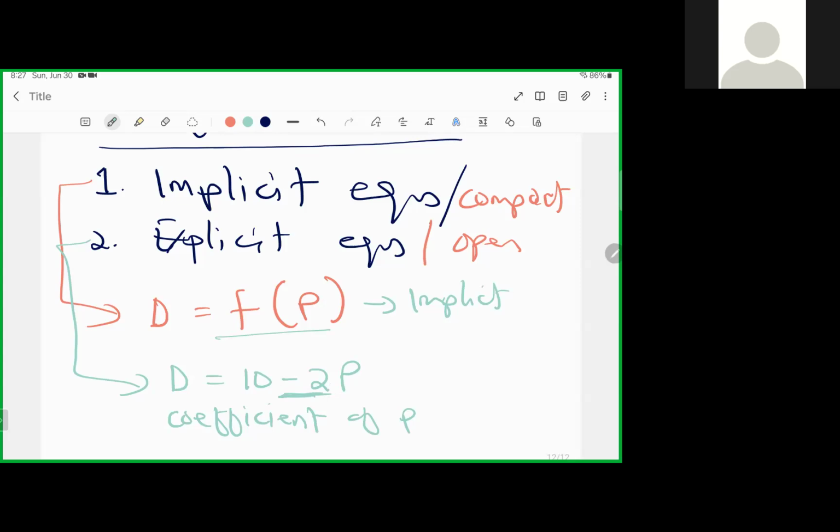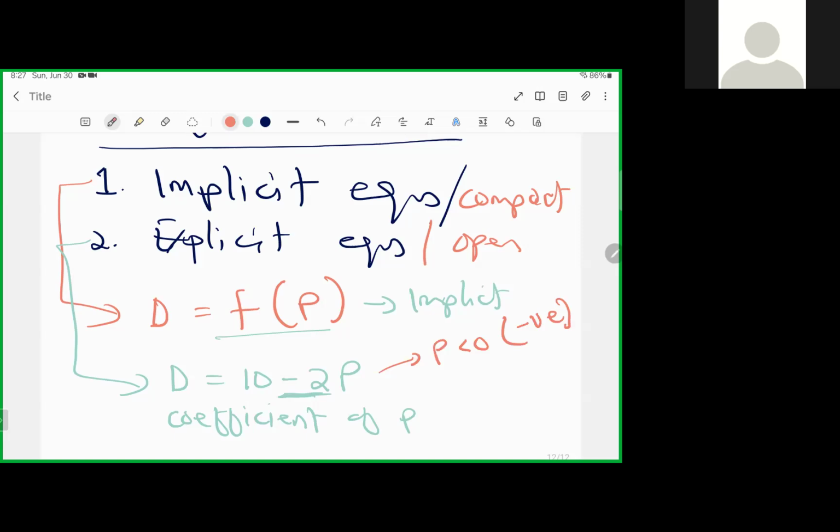And you will see clearly that the price effect here is less than 0, because, as you can see, it is showing the negative relationship. So this is the demand equation, or the demand model, in an explicit form.